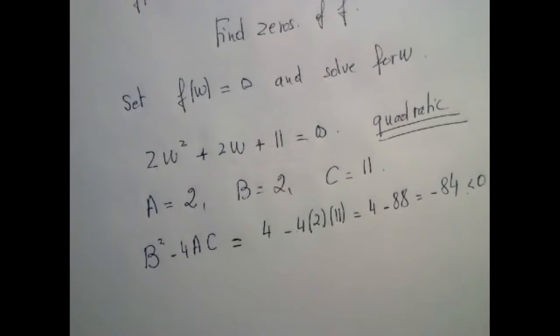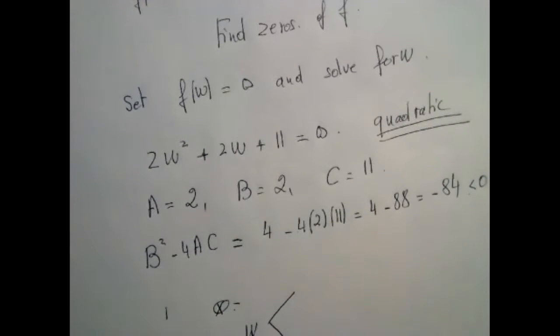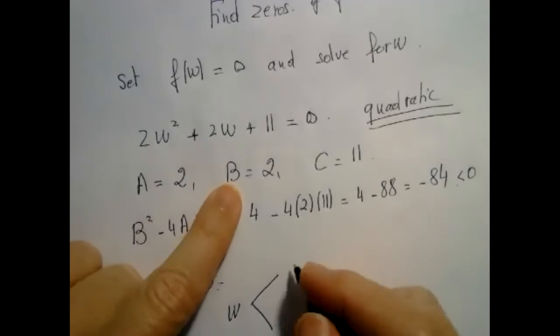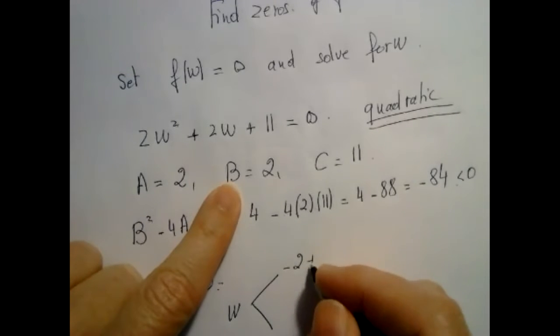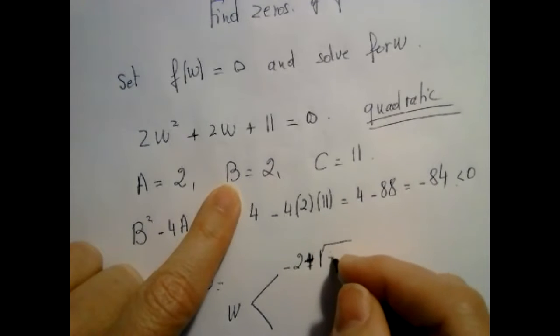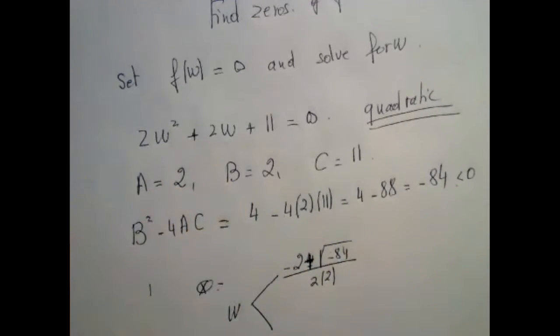What does this tell me in this case? If I use the formula, what's going to happen? The quadratic formula tells me that w supposedly has two solutions, and I use supposedly here. It should be minus B plus the square root of minus 84, divided by 2A.